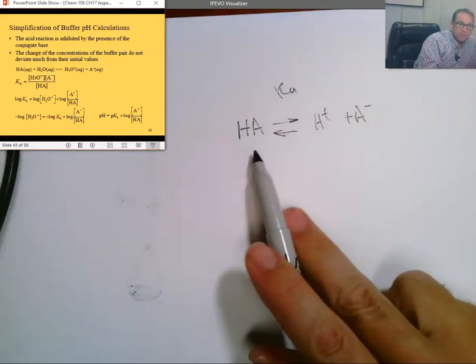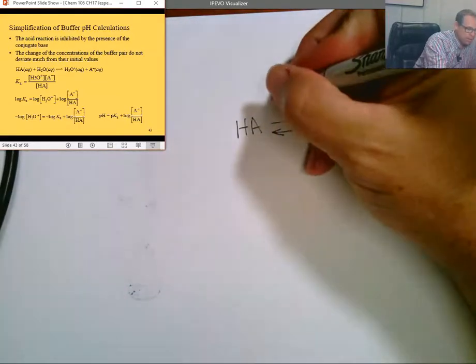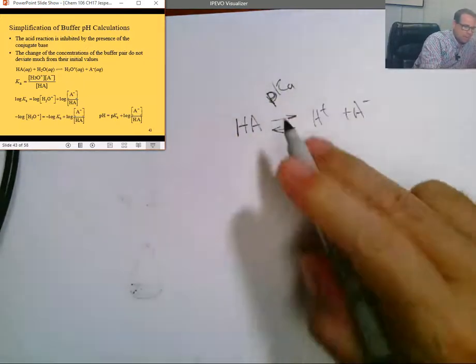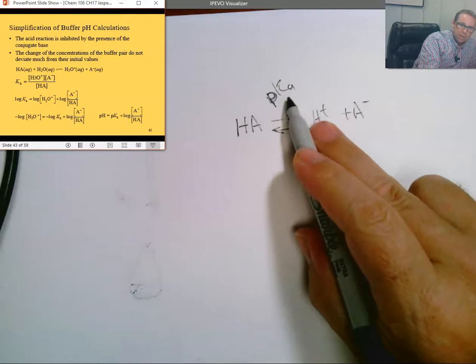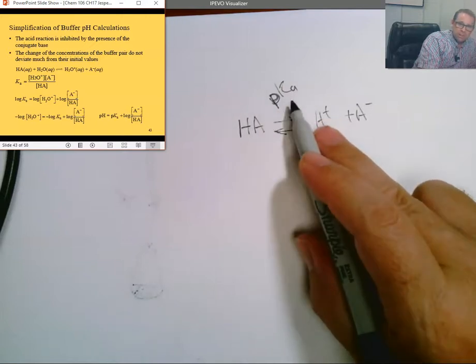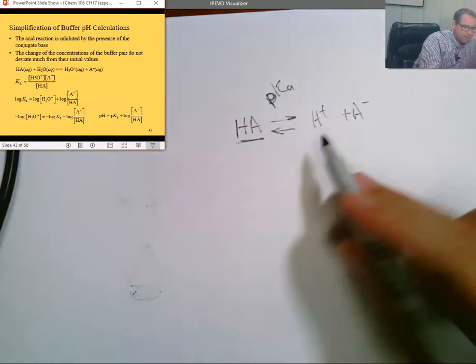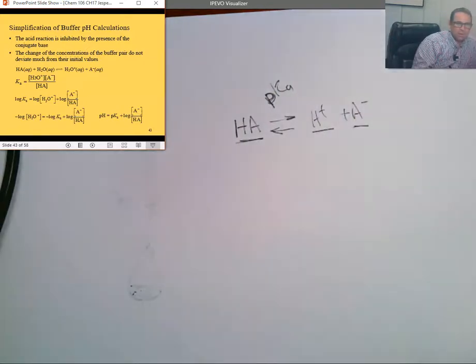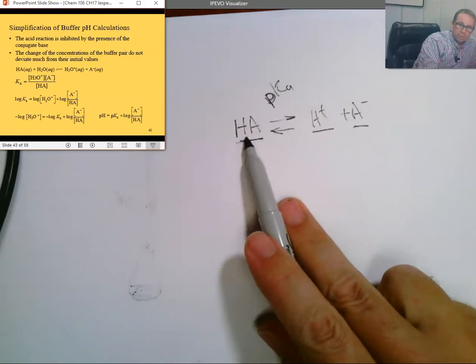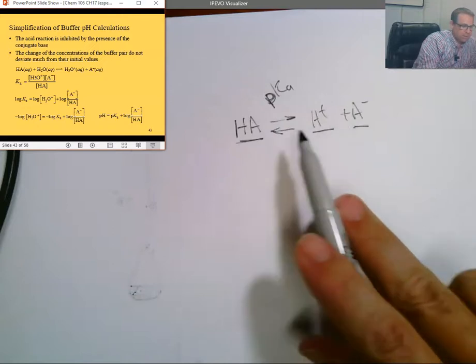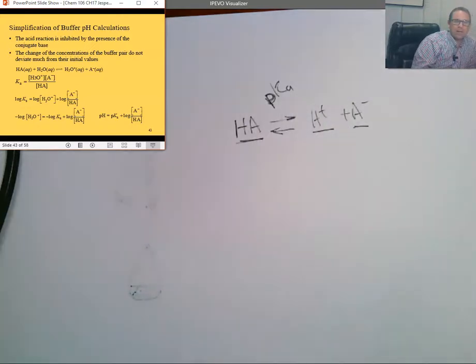But if you adjust the solution to this acid's pKa, that's a special pH that will exist when you have exactly half of this material dissociated. So when you have 50% of your material in the form of HA and 50% in the form of H plus and A minus, then you'll be at that special pH.